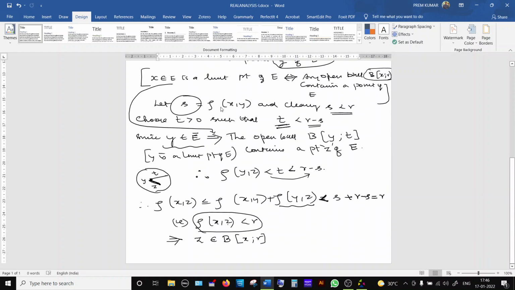From this, the same theorem we are going to use. This is an if and only if statement.